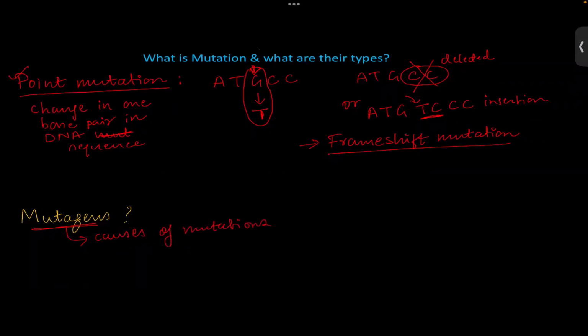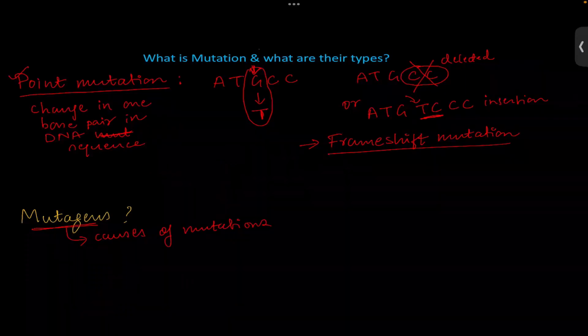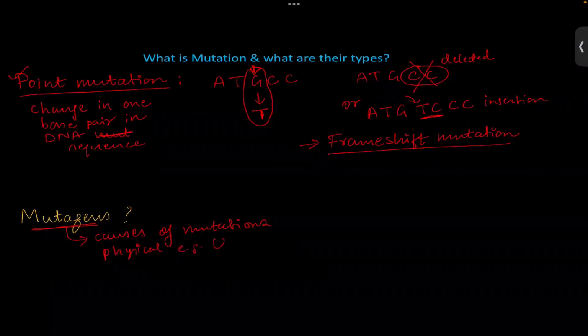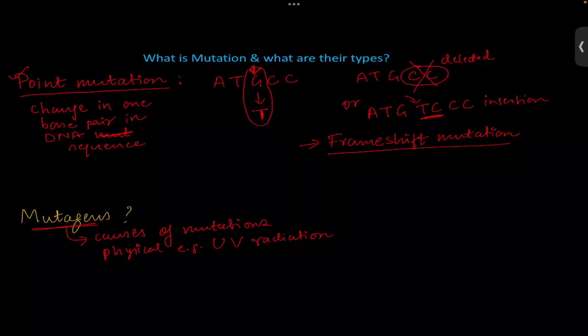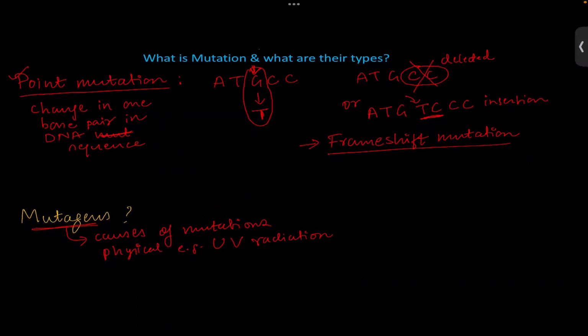There are various mutagens. These can be physical factors like UV radiation. When we are exposed to UV radiation, the DNA within the cells can undergo some change in a base, or some insertion or deletion of a base, because of which a mutation has happened.